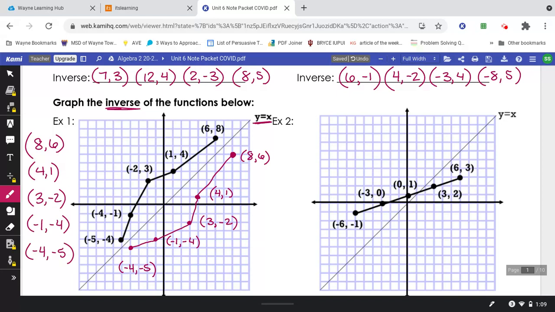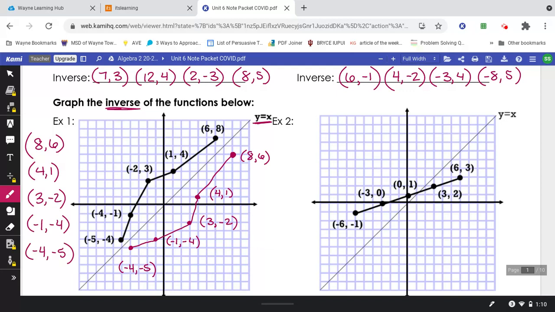All right, take a second here and go ahead and try example 2 on the graph. Right.